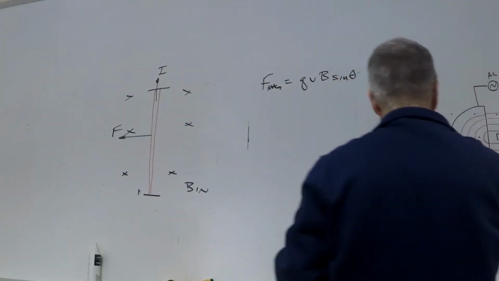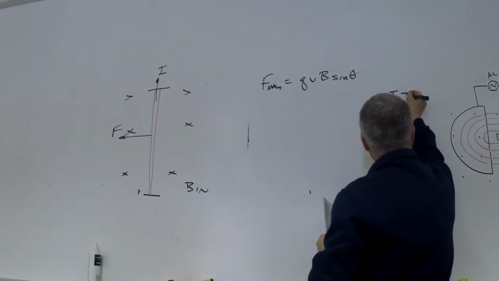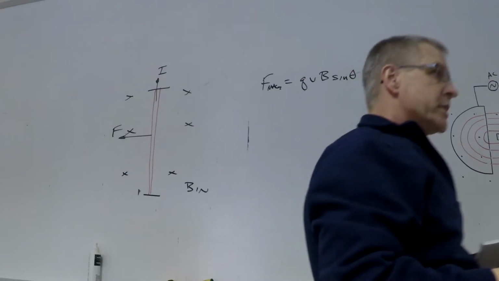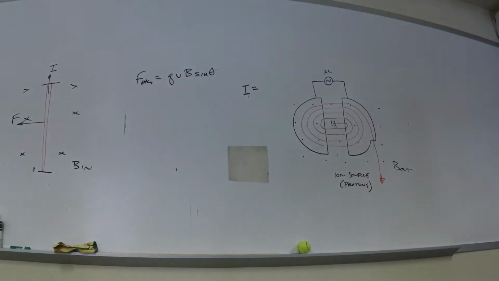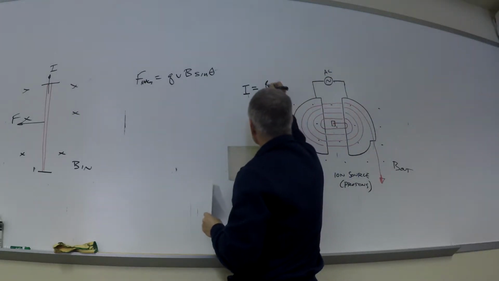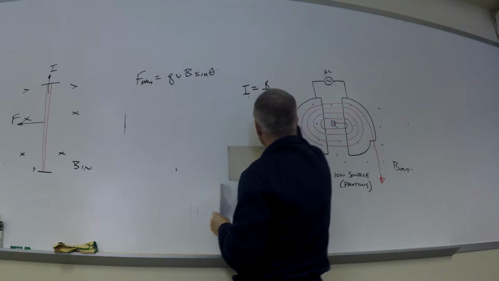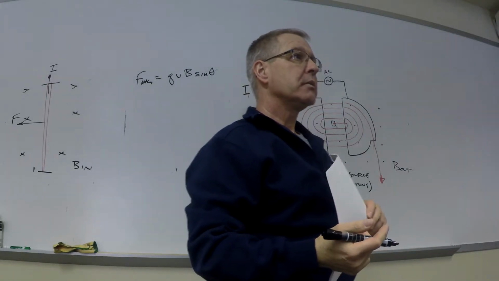So let's do this. So current is a flow rate of charge. It's flowing charges. So a way you can say that mathematically, it's the amount of charge you have going by in a certain time. That's a math way of saying flow rate of charge.